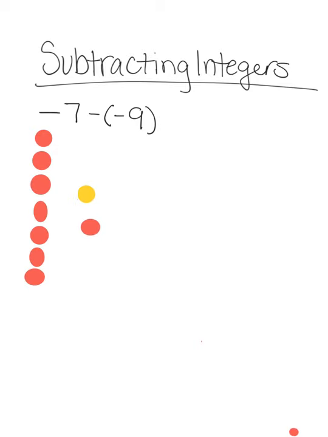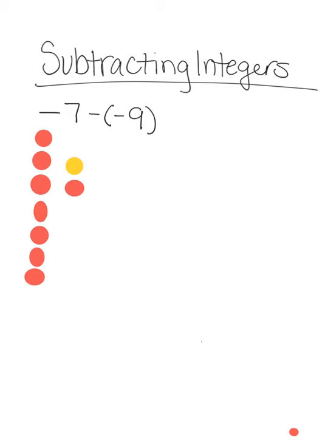So right there, I've added in 1 yellow and 1 red. The yellow represents positive and the red represents negative. And so a -1 and a +1 that I've got with this 0 pair is equal to 0, hence why we call it a 0 pair.